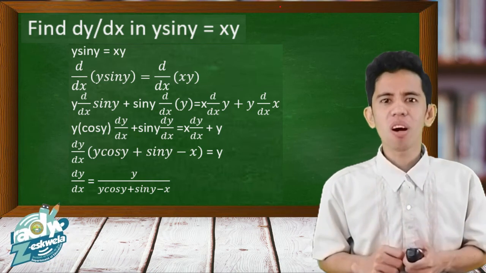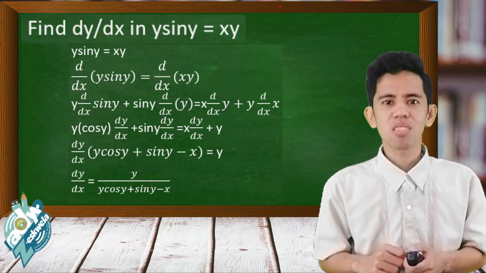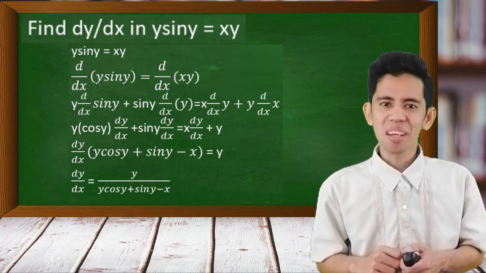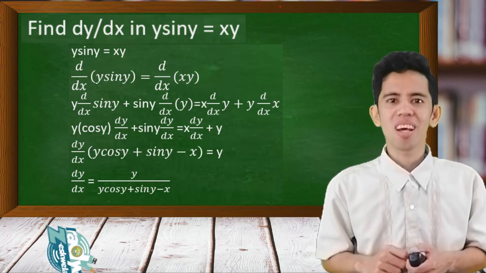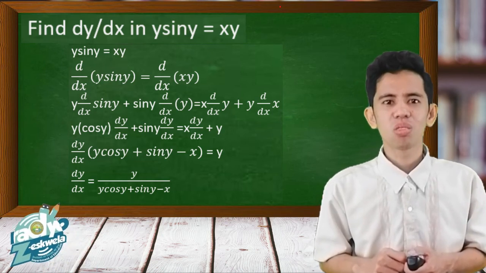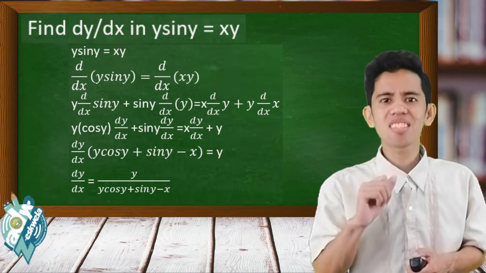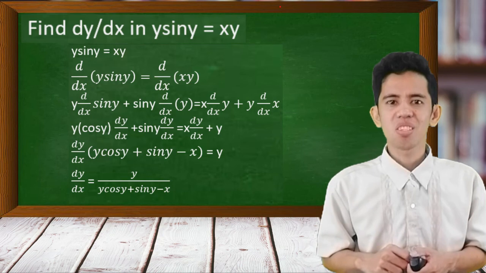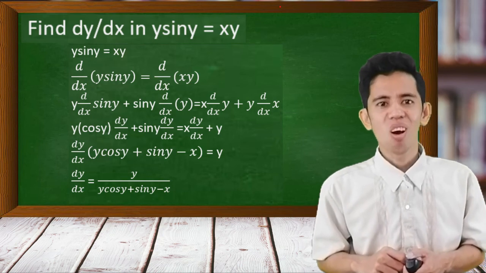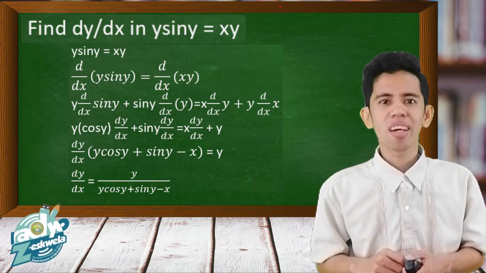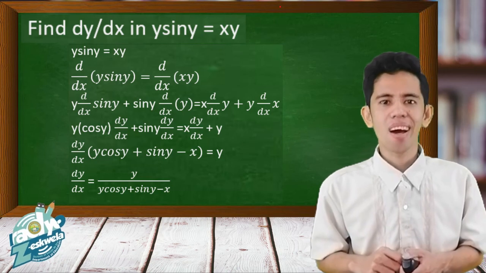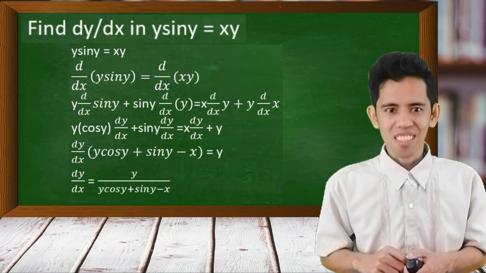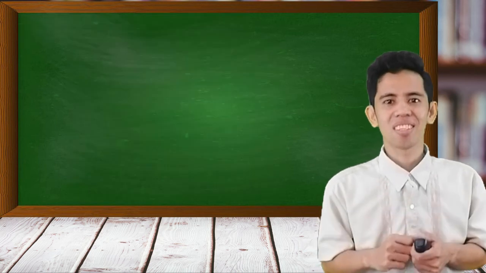Then, dy over dx times the quantity y cos y plus sin y minus x is equal to y. And lastly, we have dy over dx is equal to y all over y cos y plus sin y minus x. You are right!